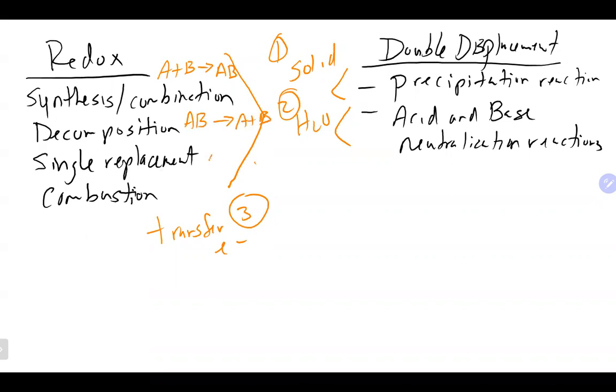Single replacement: something by itself plus an ionic compound coming in. Combustion, involving oxygen pretty much. Precipitation, and double displacement, these really are the same all the way across: 2 ionic compounds on this side of the arrow. So those are the things you want to look at when you look at an equation, and just think of the generic way those come together. That also can help you identify a little quicker what's happening.